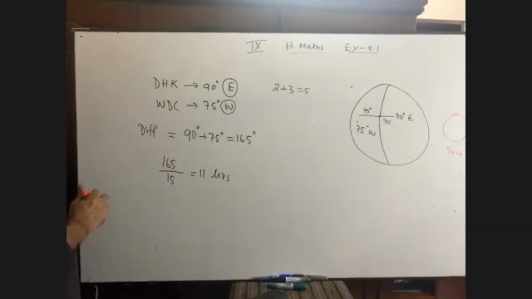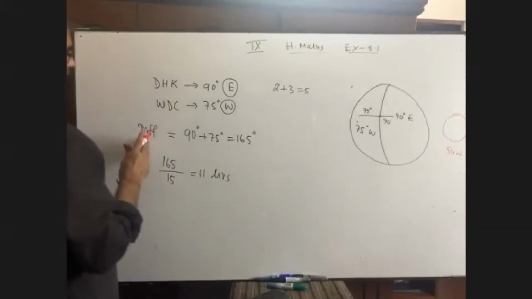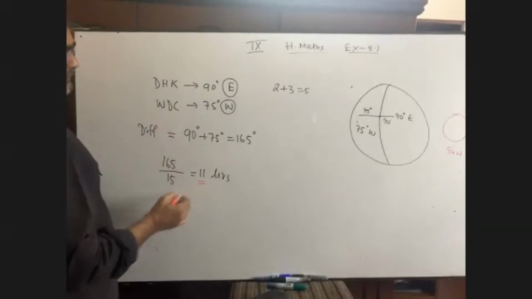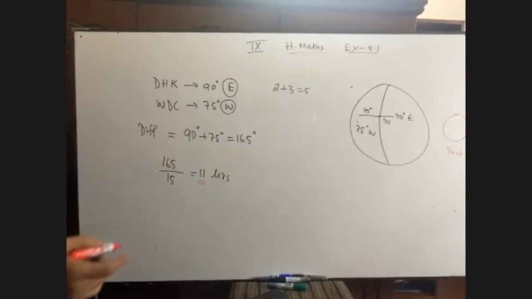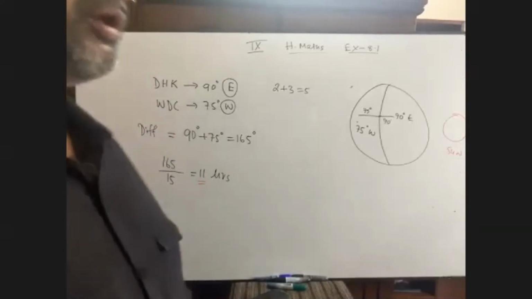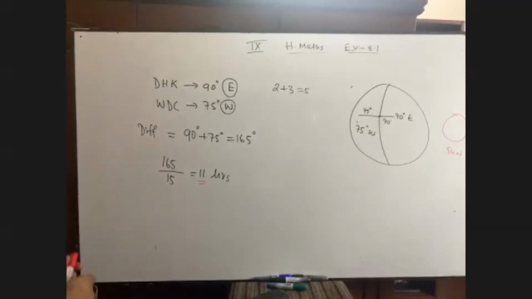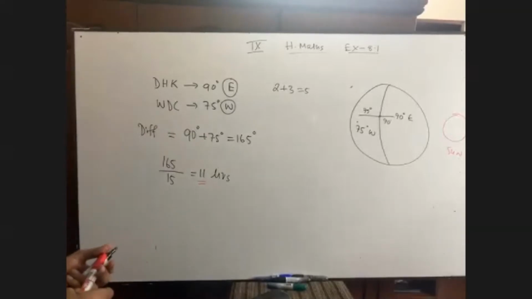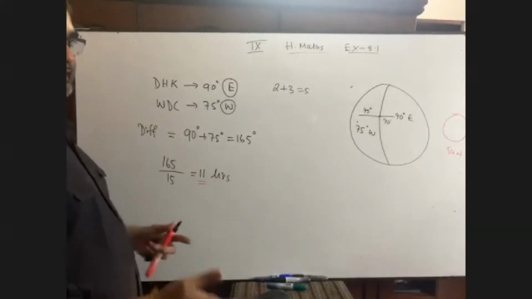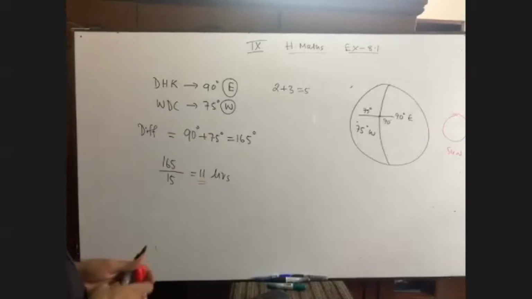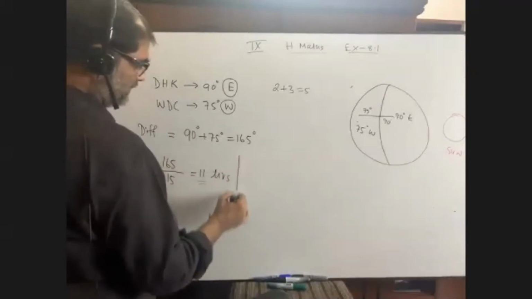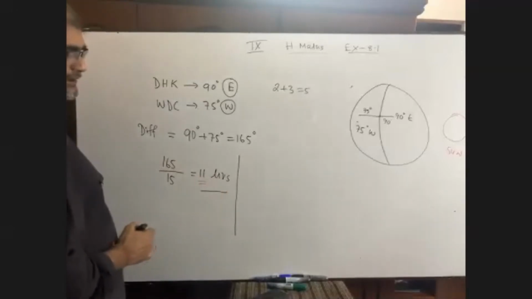That means from Dhaka to Washington DC, the Earth will take 11 hours. That means Washington DC will get the light of the sun 11 hours after Dhaka. It means we are 11 hours advanced than Washington DC.